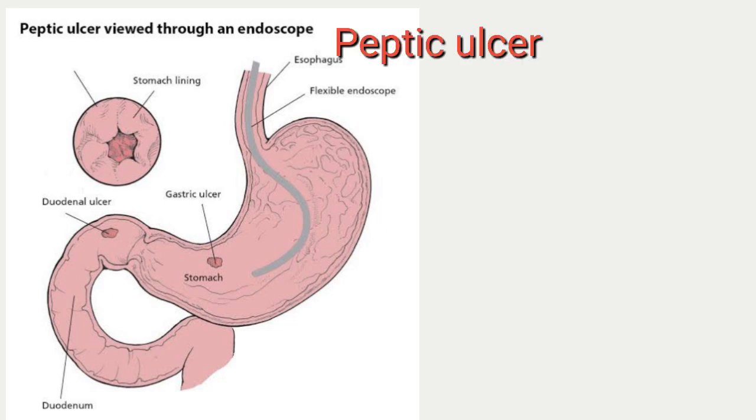Peptic ulcer can occur in the stomach, first part of duodenum, lower end of esophagus and Meckel's diverticulum. In the stomach, gastric ulcer typically occurs along the lesser curvature. There are some important factors which are responsible for the ulceration along the lesser curvature.